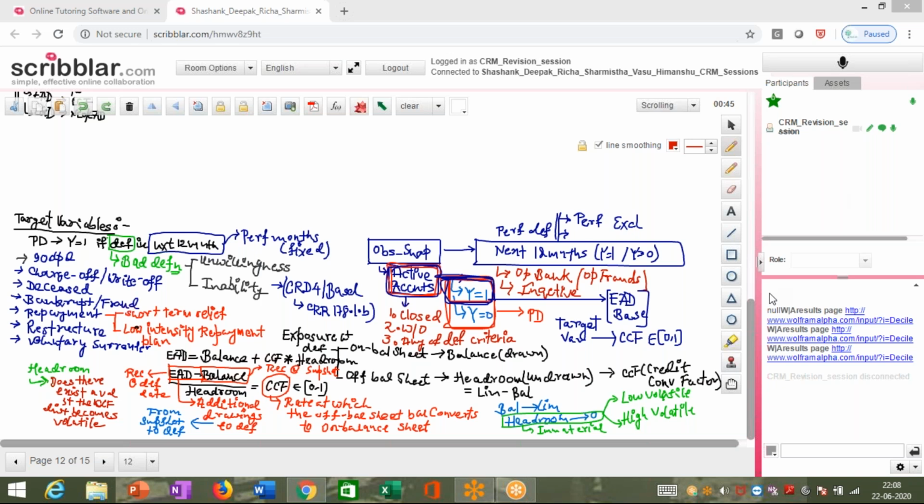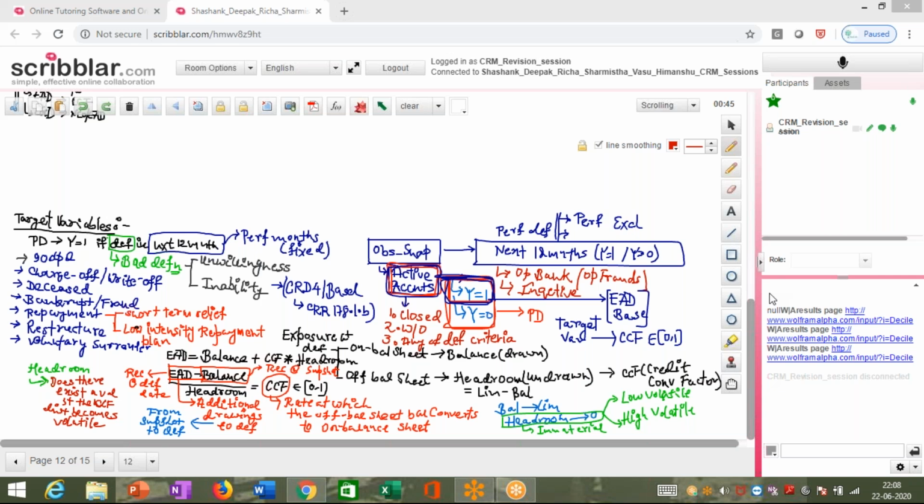I have an answer over here. Pritam says that by comparing past utilization and utilization at default, okay, how do you do that? Over here you have your headroom distribution, and from there you're calculating the CCF. You get a CCF distribution. Now you want to find out beyond which value the CCF is becoming more volatile.